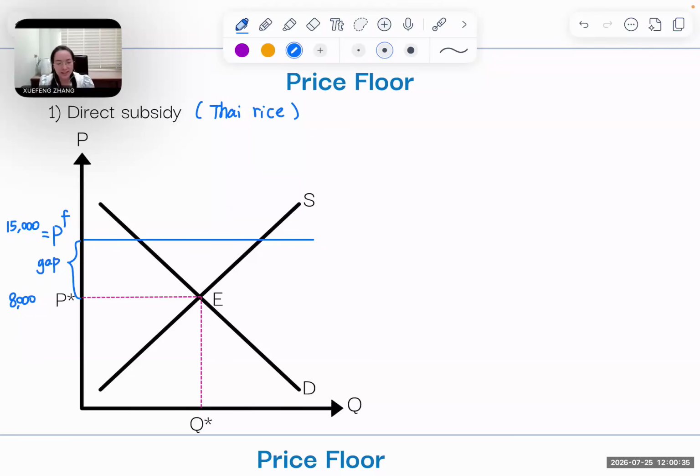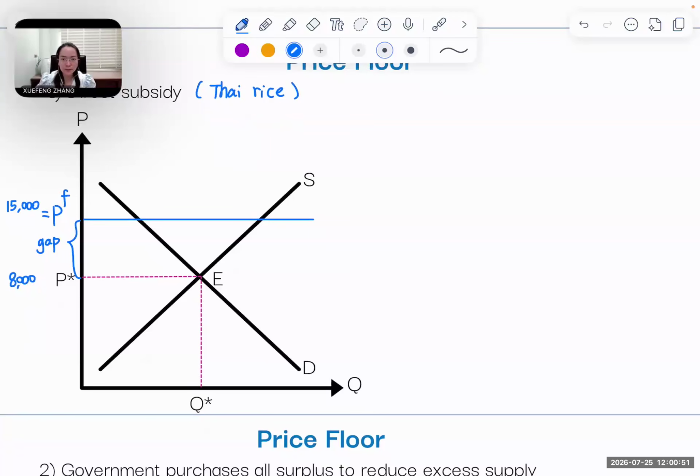Okay, my question is, who pays that gap actually? Paid by taxes, right? But that means the taxpayers actually pay the gap. Okay, look at the graph.